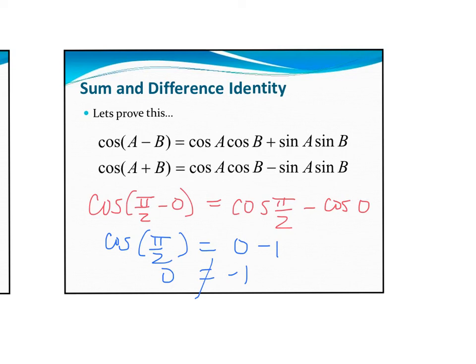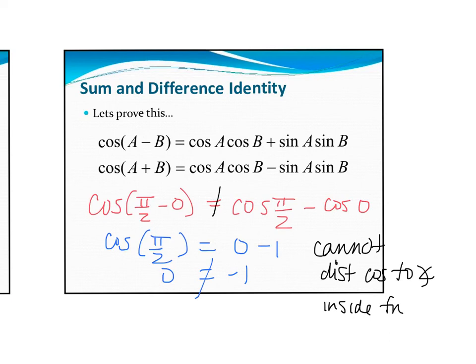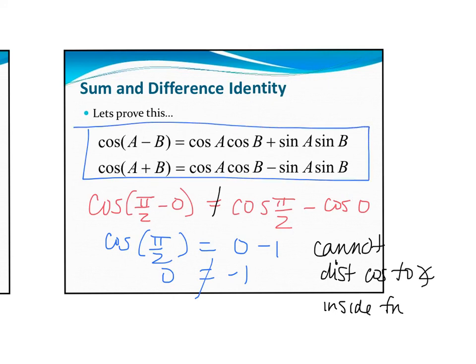And what we learned from this is that you cannot distribute the cosine to the angles inside the function. So we are not allowed to distribute the cosine to the angles inside the function. This is a false statement. Instead, what we want to do is use these formulas here for the cosine angle sum or difference.